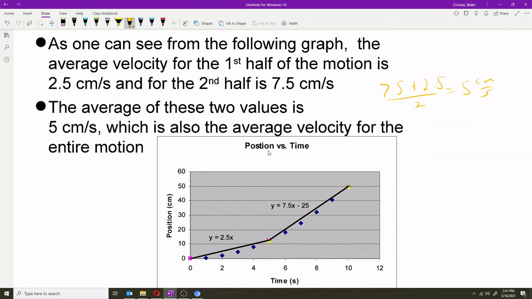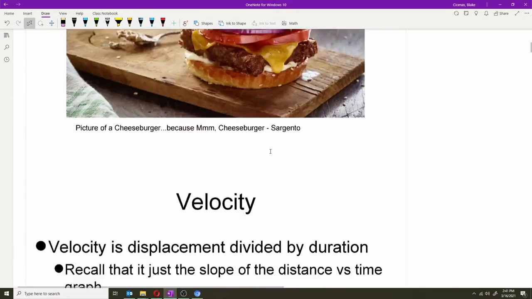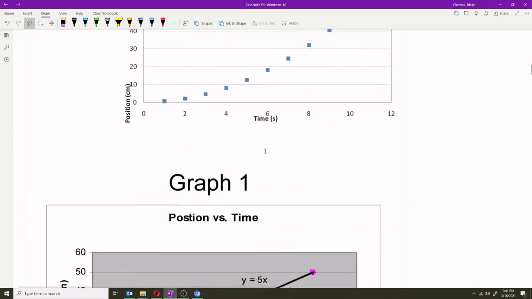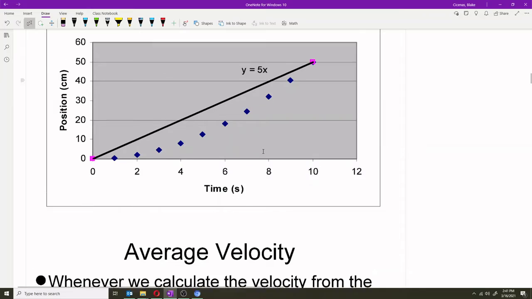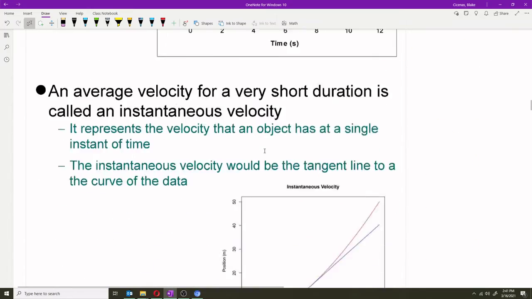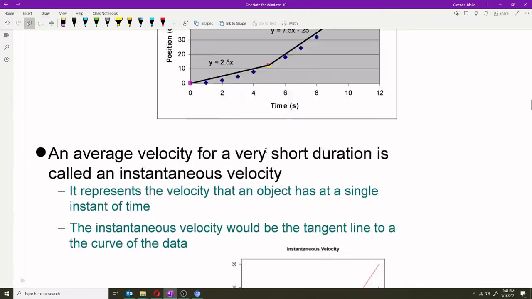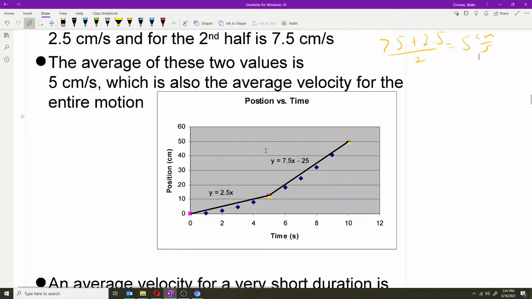And now I'm going to add the units, centimeters a second, which was our velocity of the beginning and end points. And so when I average those two sections, the first half and the second half, if it's perfect uniform acceleration, key on uniform, it's going to actually average out to be the average velocity of the whole thing.